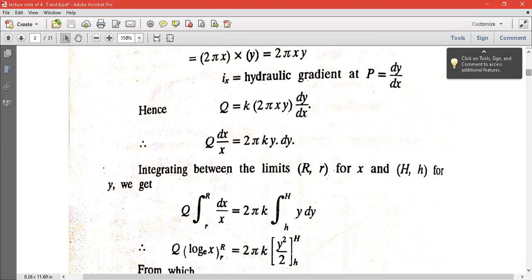horizontal surface level. So when you integrate the dx by x term, the boundary condition is small r to capital R. When you integrate the y dy, then the boundary condition is small h to capital H. Because what is small h?